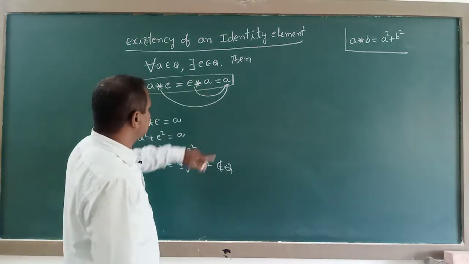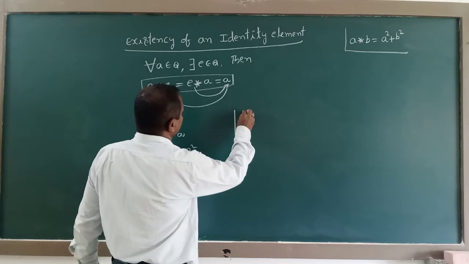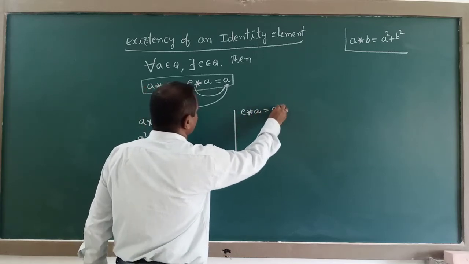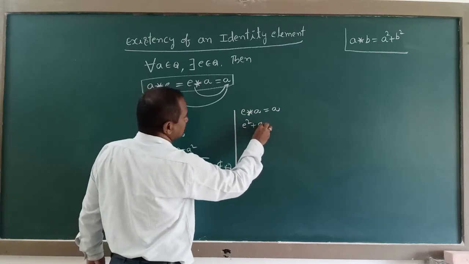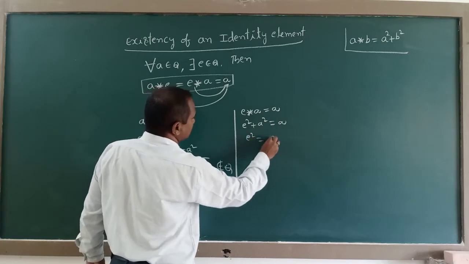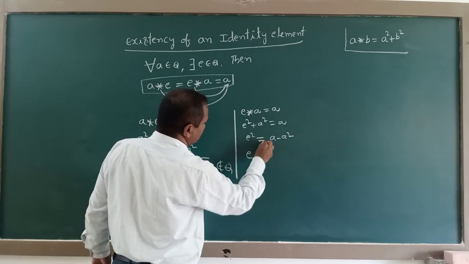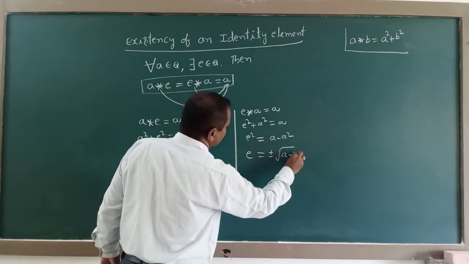You can check this side also. E star A is equal to A. Then apply the definition: E square plus A square is equal to A, that is E square is equal to A minus A square, so E is equal to plus or minus square root of A minus A square.